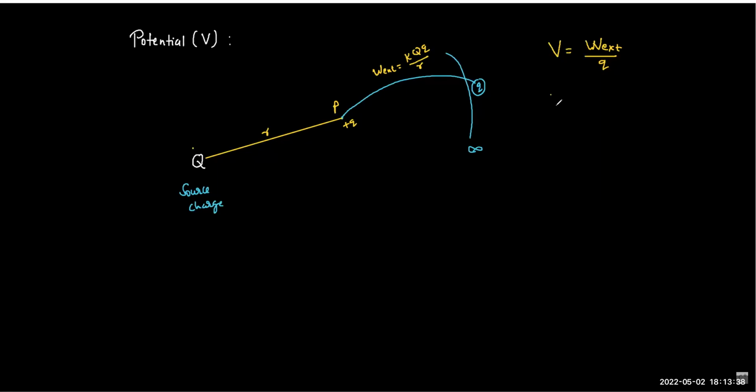So going by this definition, the potential at a point P is K. We know the work done already, and because we are looking for the per value, the potential will be KQ by r. Again, it is a scalar quantity, so we have to be careful.